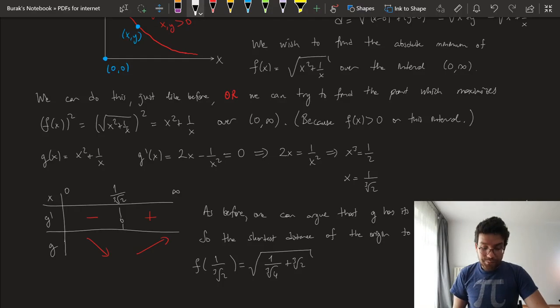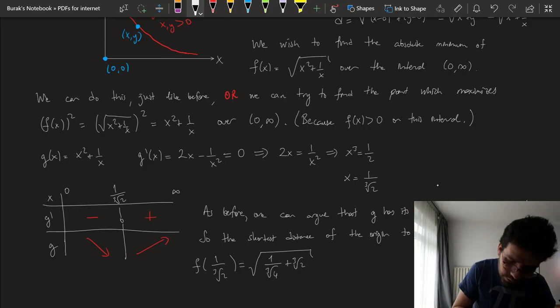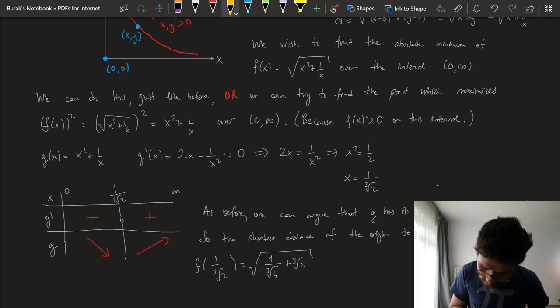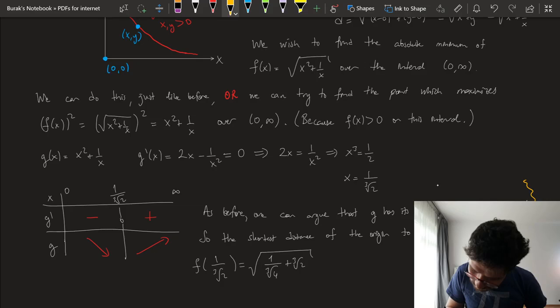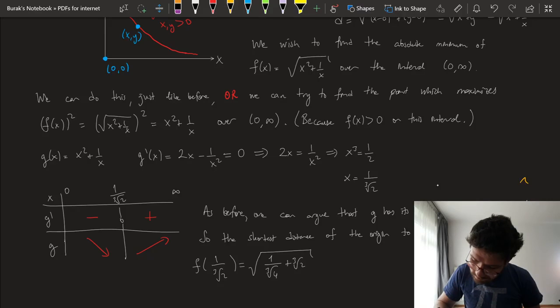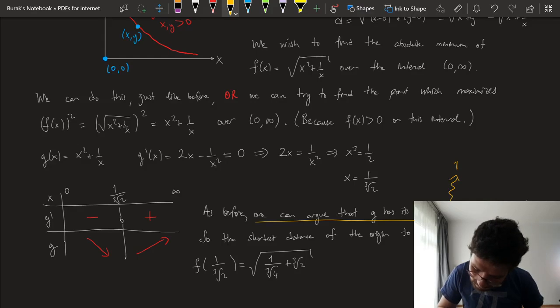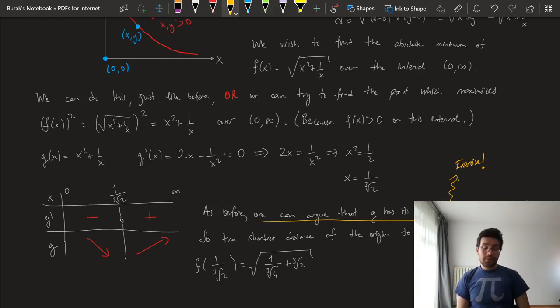So that's it. Maybe I should say the following. One can argue that g has its absolute minimum at this point. I'm just going to say that this is an exercise for you, because I was too lazy to write it down.